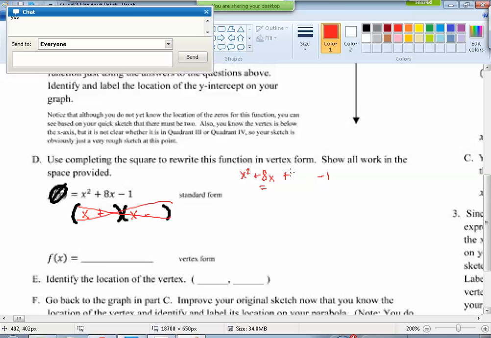Now, why would I add and subtract the same exact number? Because I don't want to change this. It's kind of like if I see you guys on Friday, or next week Wednesday. Hopefully between then and now, you would have taken at least one shower and changed your clothes.